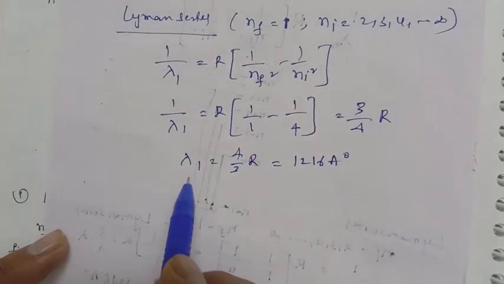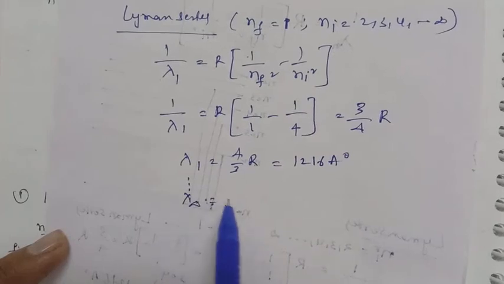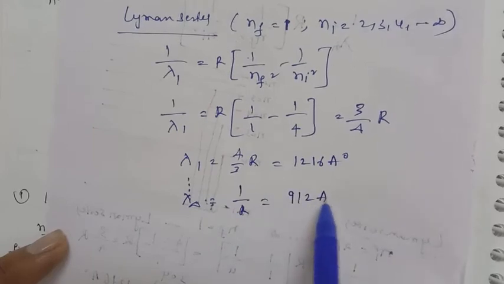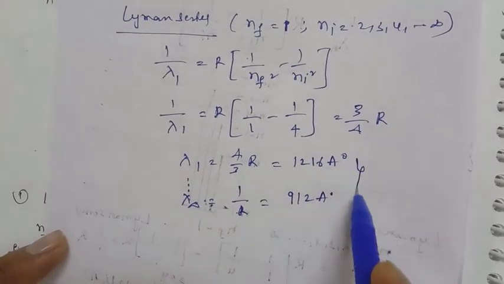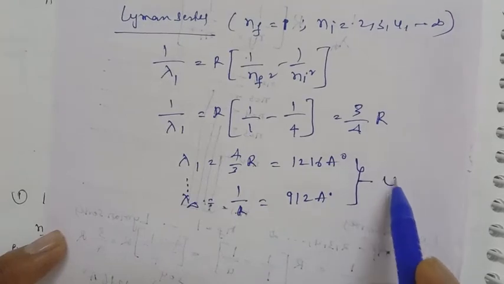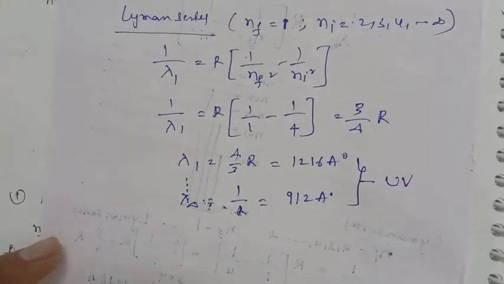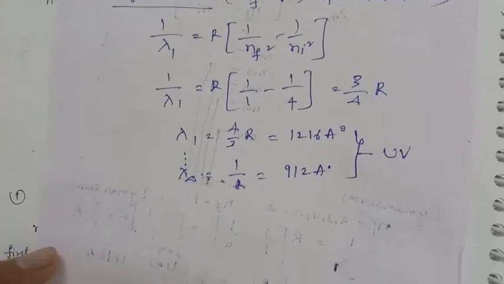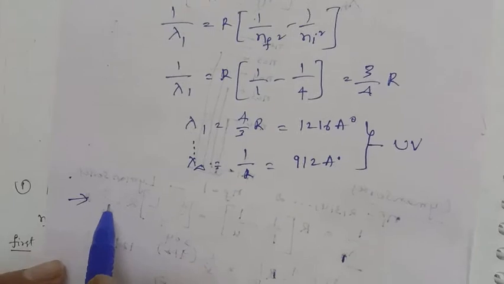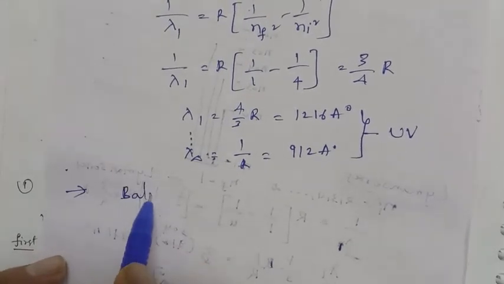It is lambda 1. And lambda infinity is equal to 1 by R, that is 912 angstroms. It is the Lyman series. You have to observe this series in the spectrum in the UV region. And the next series is called the Balmer series. What is that? Balmer series.